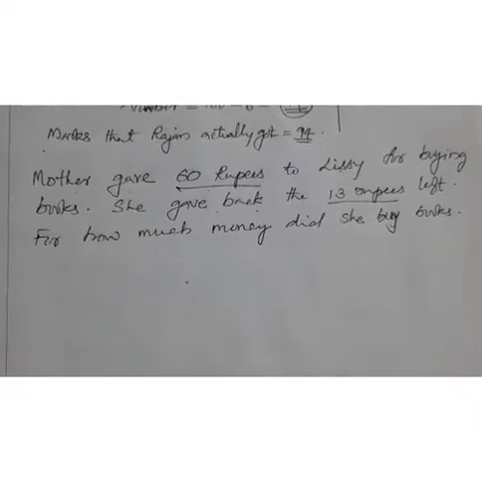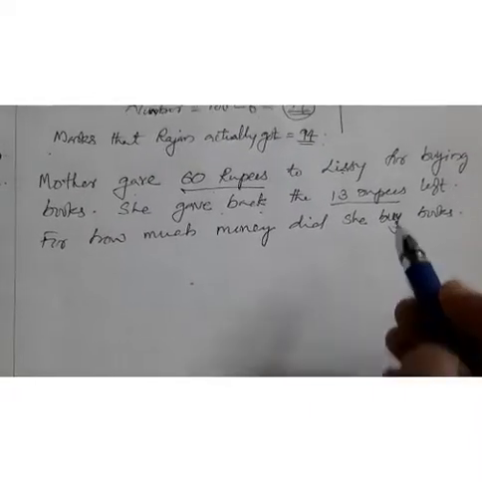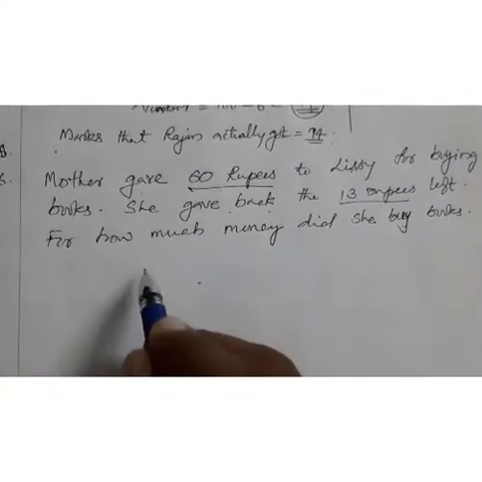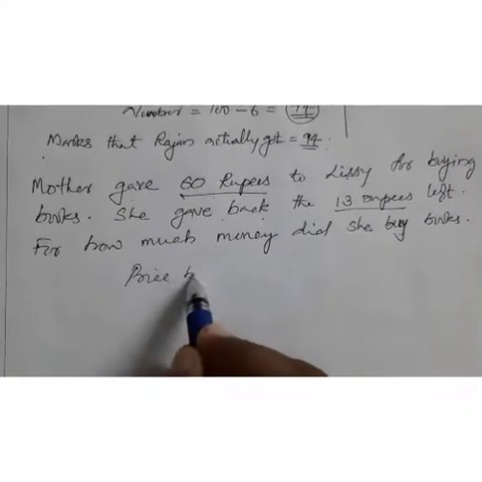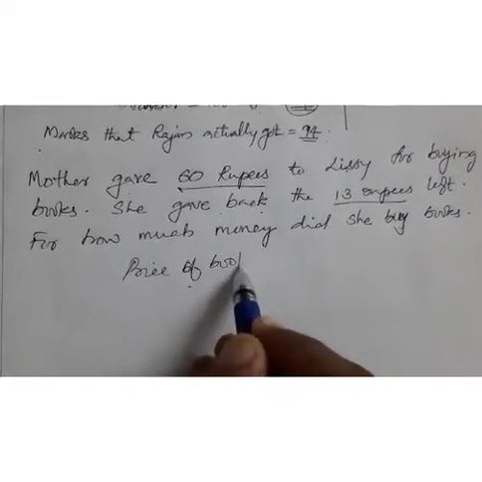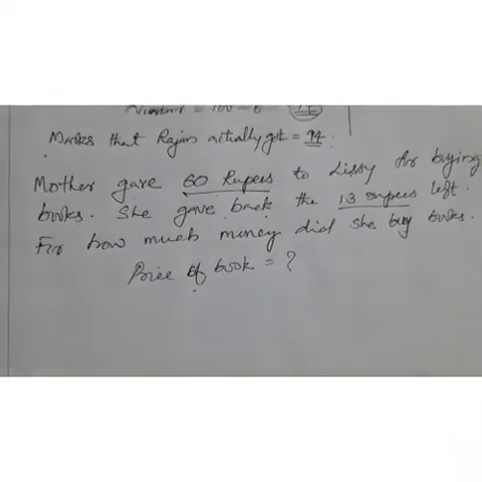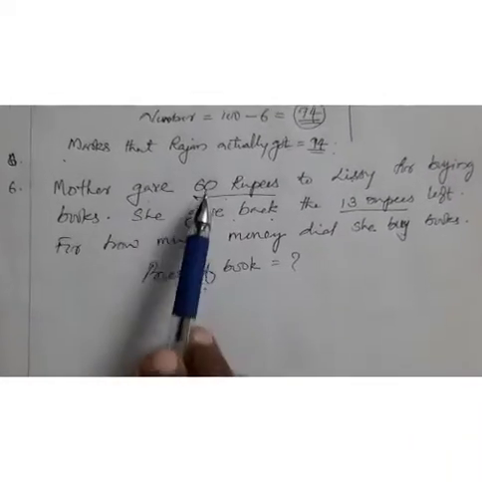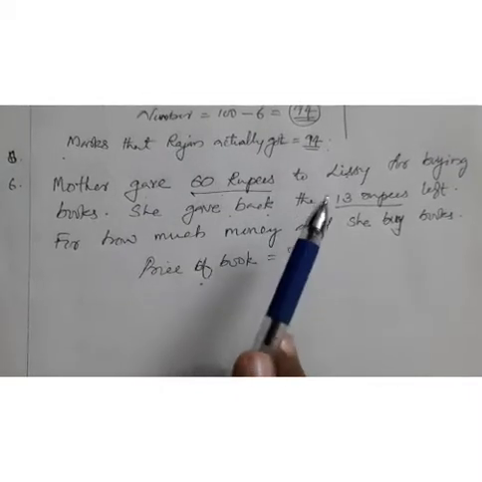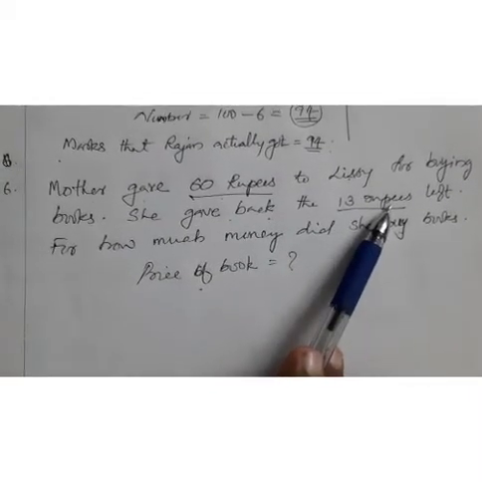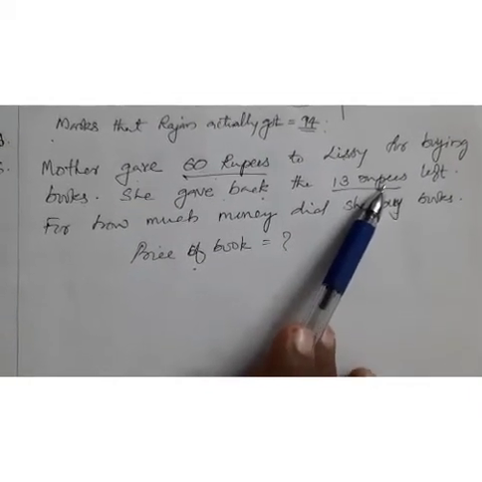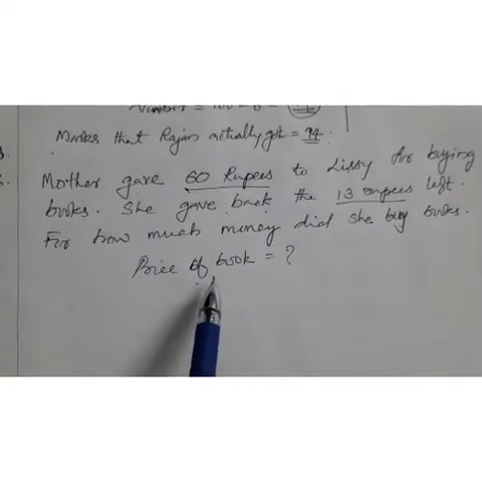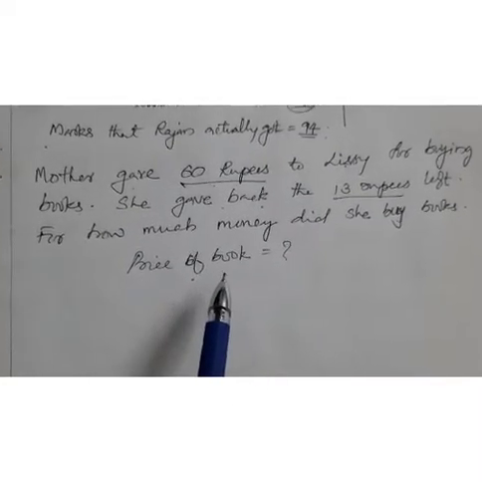And how much money did she spend on books? The price of the book we have to find out. How much money did mother give? 60. And how much is the amount left after buying? 13. So we can find out the price of the book.